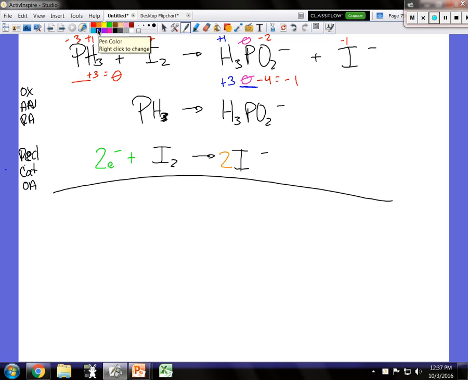How many waters, and to which side? 2 to the left. Okay? Now, that just screwed me up. Now I have to add more hydrogens. How many? And don't you dare say 4.